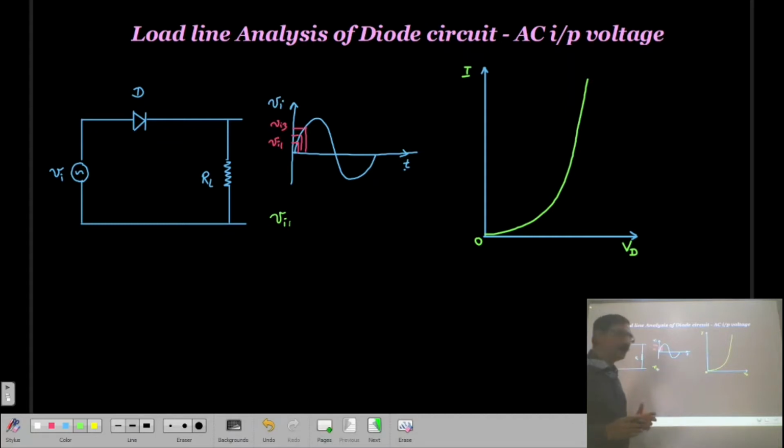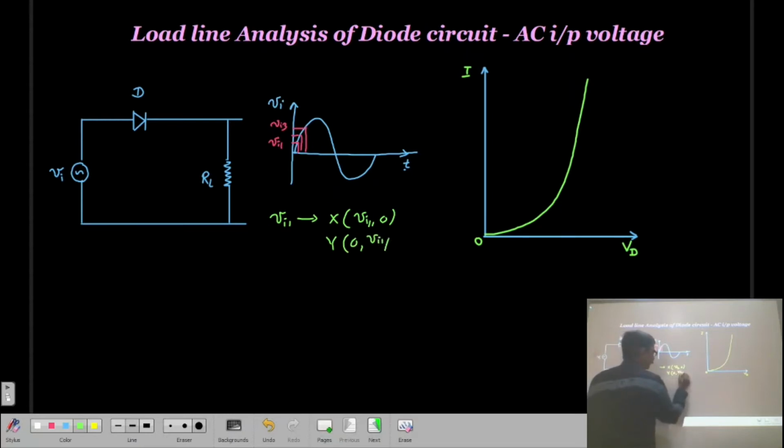And for that, I have to find out what the coordinates are. So the x coordinates for this Vi1 will be Vi1 and 0, and the y coordinates will be 0 and Vi1 by RL. Correct?